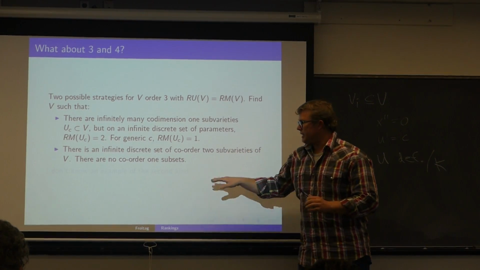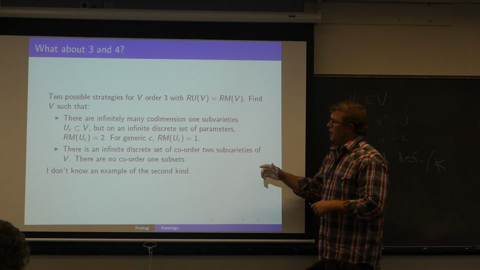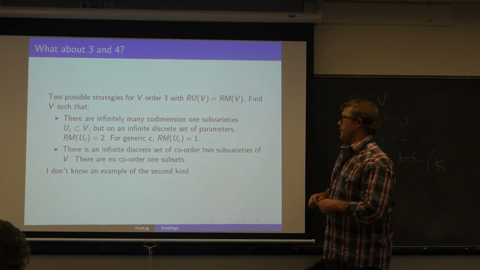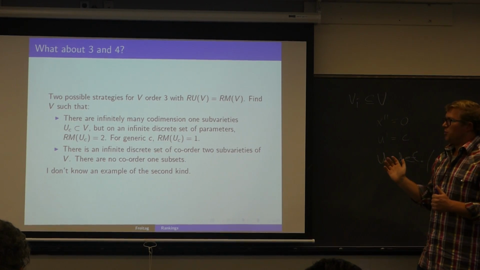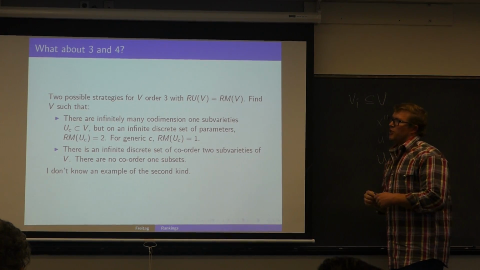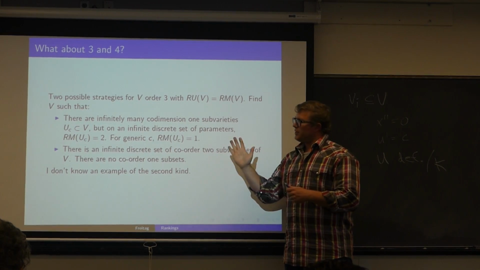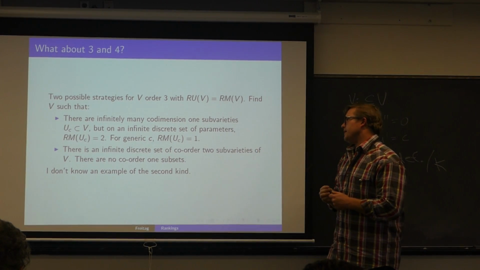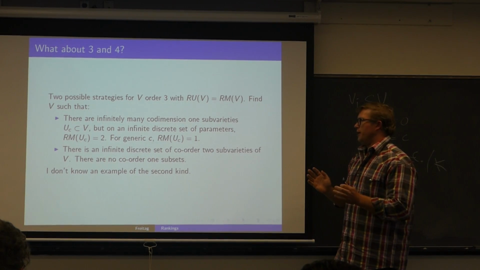But I don't know an example of the second kind. I'm going to show you an example of the first kind that I came up with recently. For an example of the first kind, I look at something that has many, many codimension 1 subvarieties, but the behavior of the subvarieties varies drastically as you range across the family. You take some parameterized family of subvarieties, and for most of the values of the parameter, you get Morley rank 1.